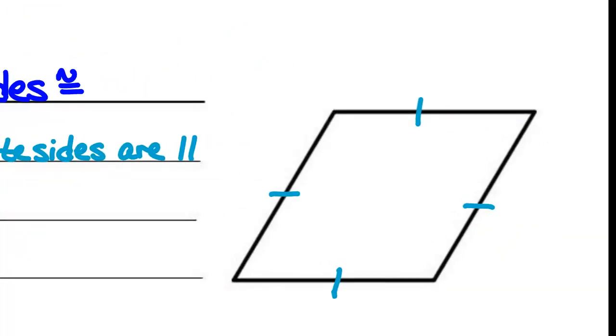So in addition to all four sides being congruent, the top is parallel to the bottom, and the left side is parallel to the right side.